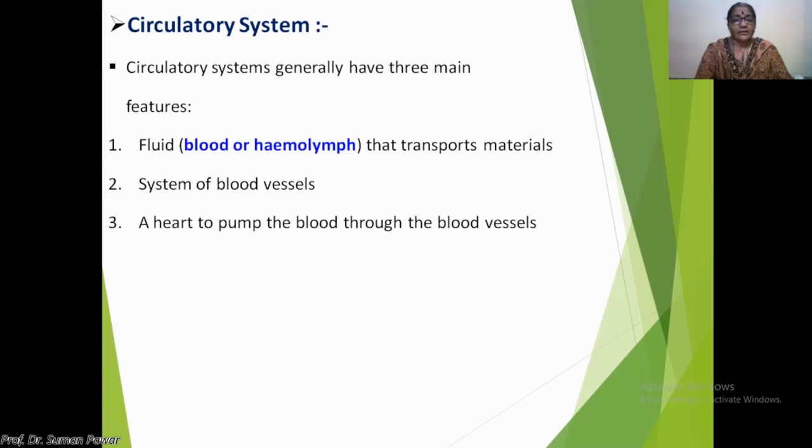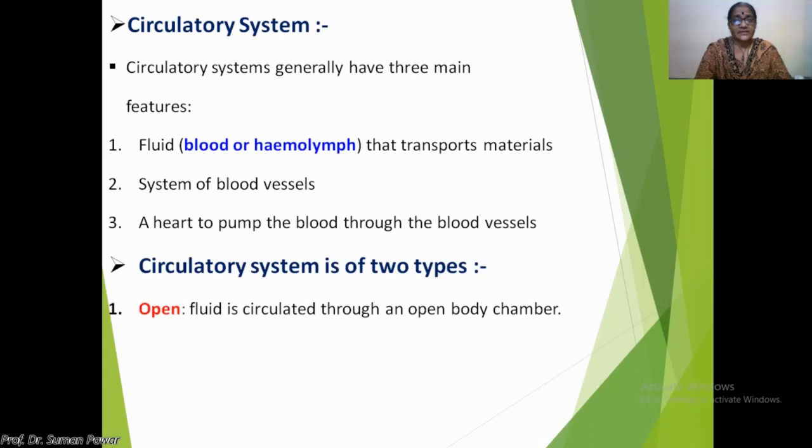The pumping organ associated with this system is the heart, which pumps the blood through the blood vessels. The circulatory system is of two types. The first type is open type of circulatory system, in which the fluid or the blood is circulated through an open body chamber. And the second type is the closed type of circulatory system, in which the blood or the body fluid is circulated through closed blood vessels like arteries and the veins.